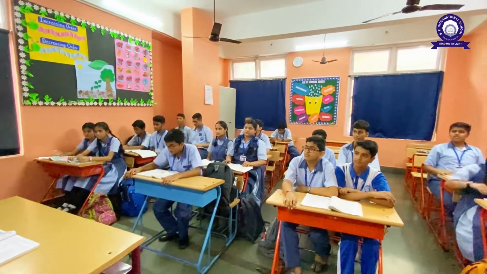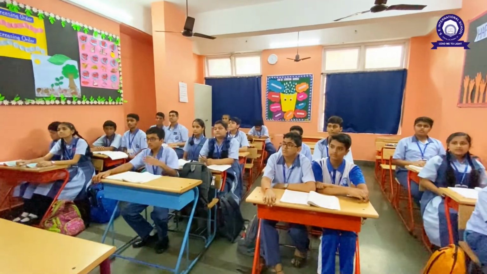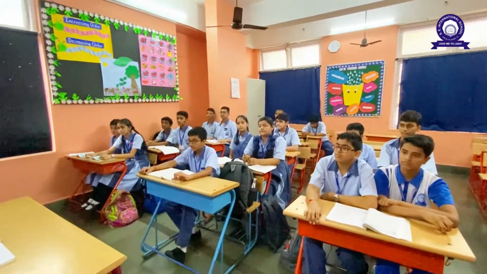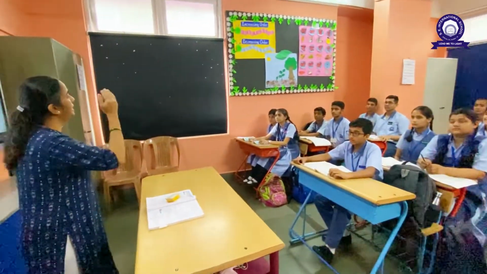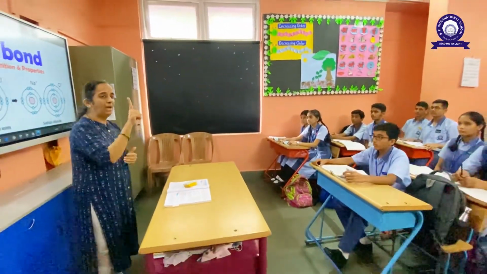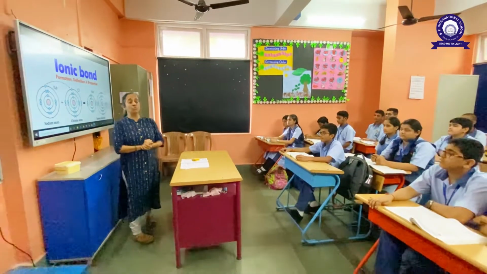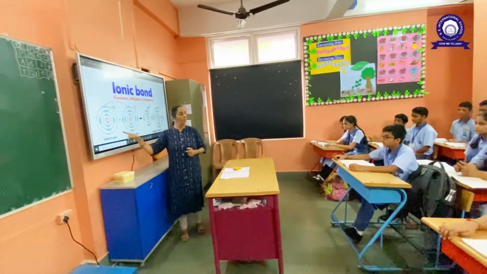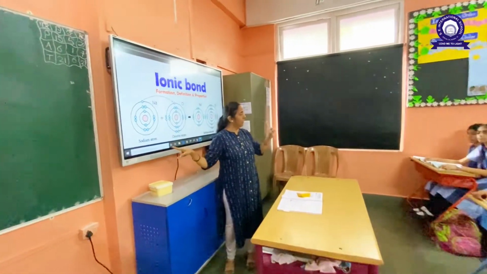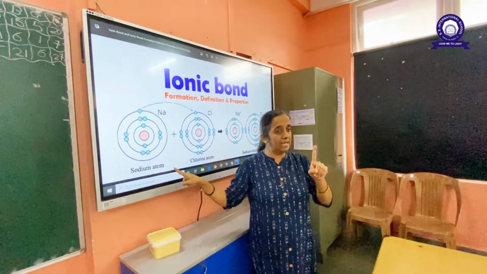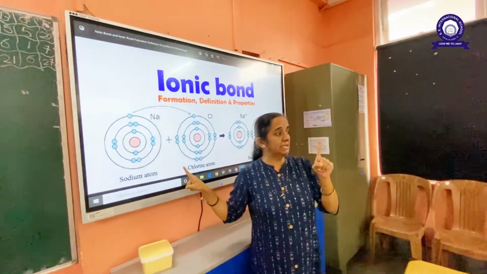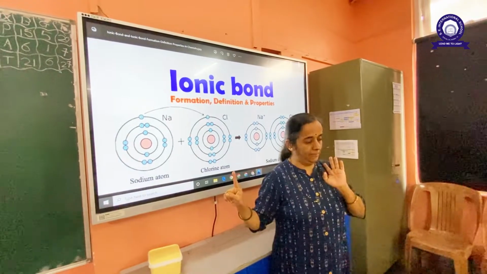The distribution of electrons will be 2 in the first shell, 8 in the second, and in the last shell only 1 electron. In the valence shell, meaning the outermost shell, only 1 electron is there.